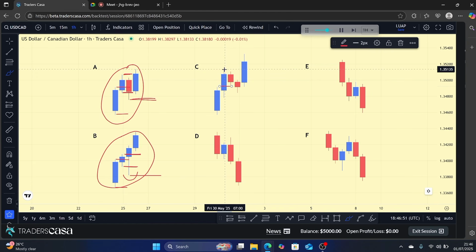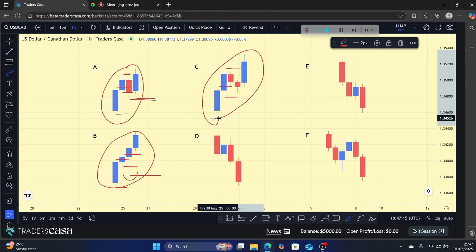I was anticipating a break past the highest point, but all right, this is interesting. Price didn't break past the lowest point. You can clearly see the lowest point is protected, and right here it broke past the highest point while the lowest point is protected. This means that this one here is not a valid pullback but just a single move all the way to the upside.